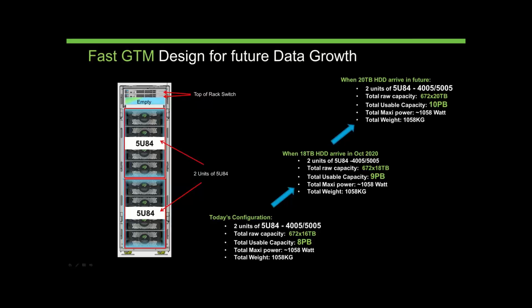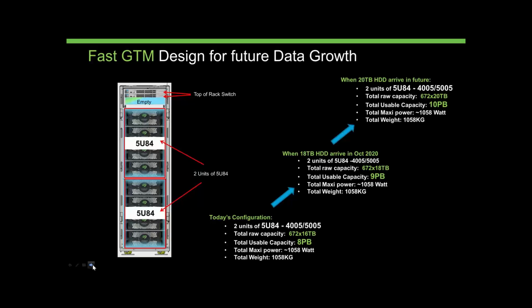That's an advantage over most other vendors, because our systems always have the highest capacity and fastest capacities in the market. If you look at this diagram here, on the left hand side, this shows a single rack.